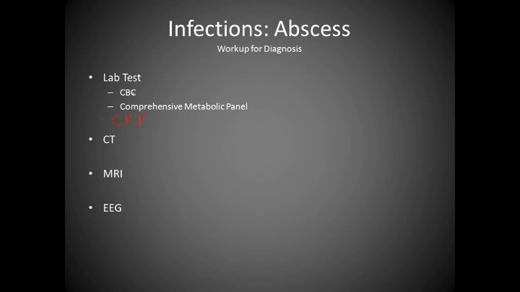However, that would be highly unlikely. So chances are it's coming up through the spinal canal. Also, CT, MRI, and EEGs all play a role in the demonstration of this.